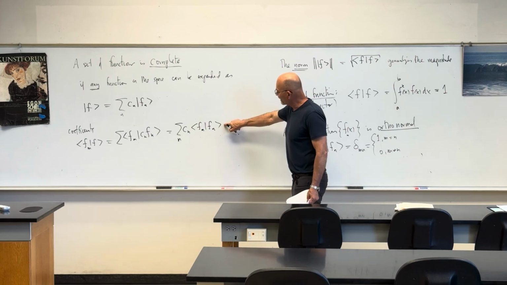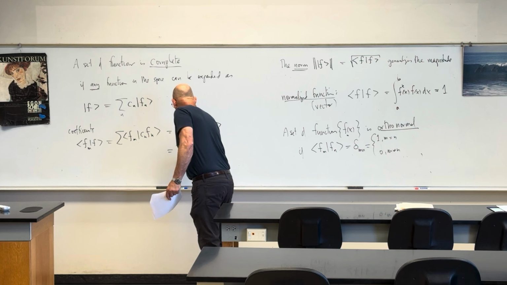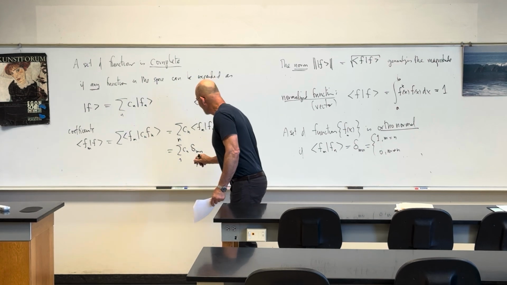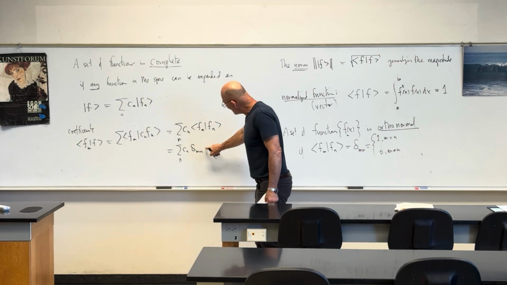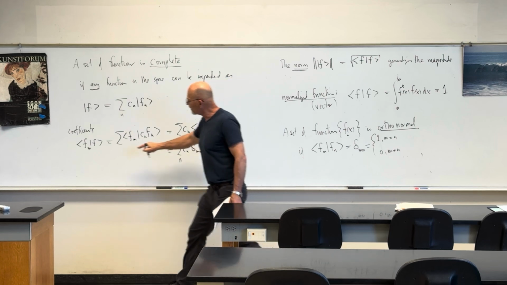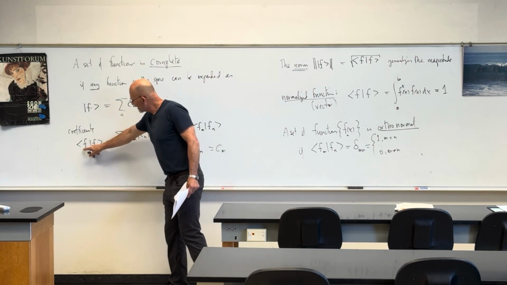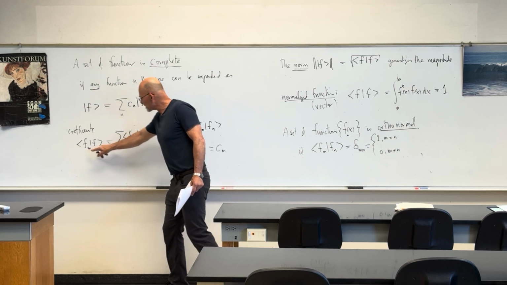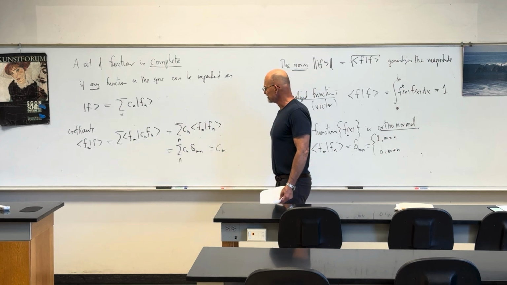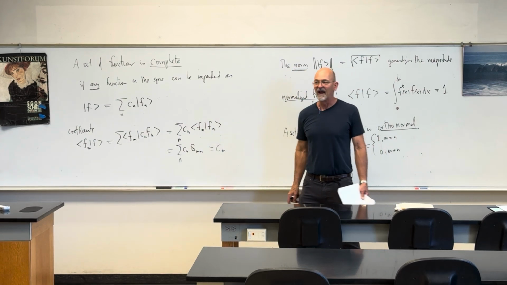And this, of course, is the Kronecker delta. We have the sum over n of c sub n delta mn, and that just picks off the one and only term, so that's how the coefficients are obtained. Multiply from the left with the m function, and that's because these are an orthogonal set. So this too is a property that you would have had with your i hat, j hat, k hat.